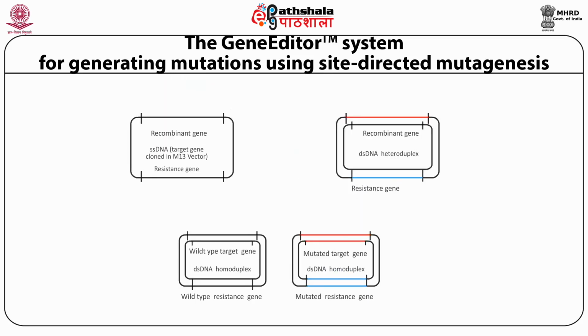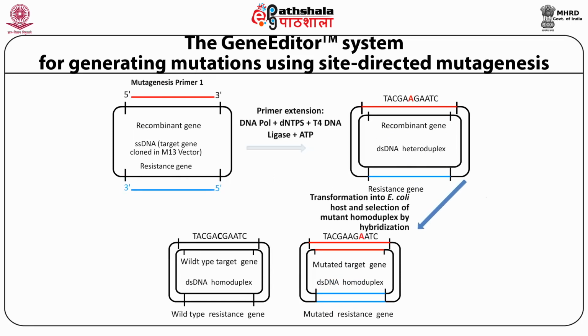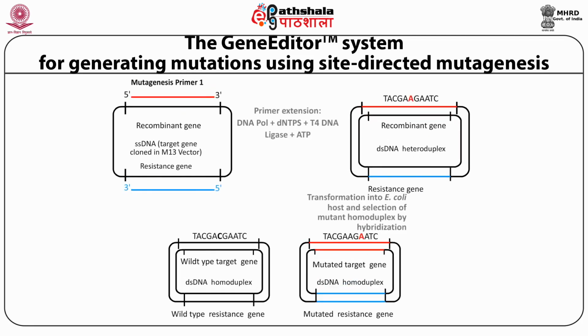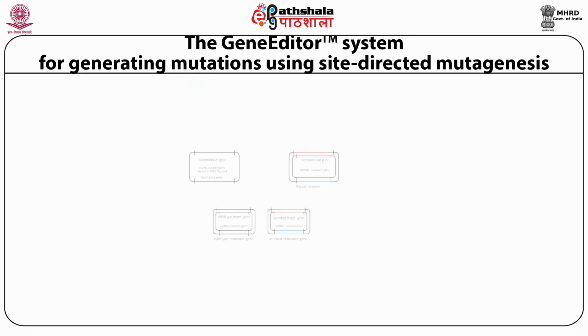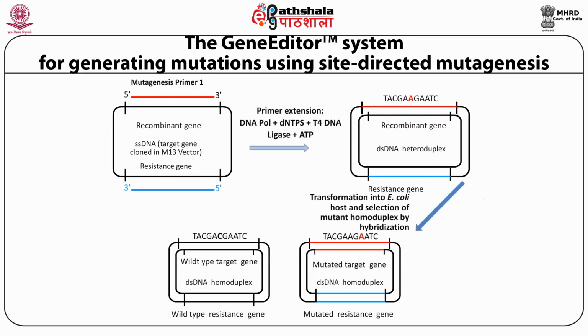We can use single stranded DNA, or double stranded DNA can be used at the same time, but these primers, mutagenizing primer 1 and the resistance enhancing primer 2, will perform their activity in the presence of DNA polymerase, DNA ligase, ATP, dNTPs, as we have seen in the earlier example.